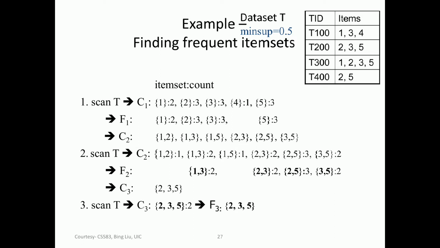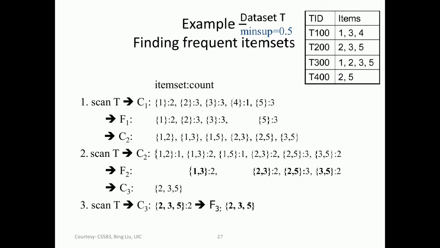So we will discard 4, and we have item 1, item 2, item 3, and item 5. In the second phase, we combine all those keys: 1 2, 1 3, 1 5, 2 3, 2 5, and 3 5. Then we again scan through the database and find their frequency of occurrences.